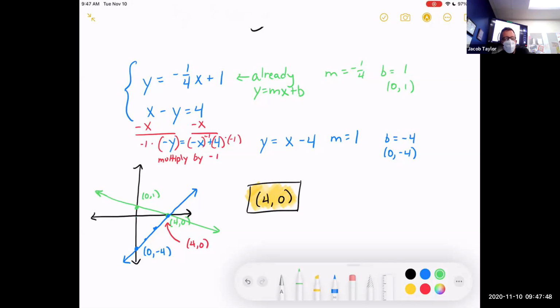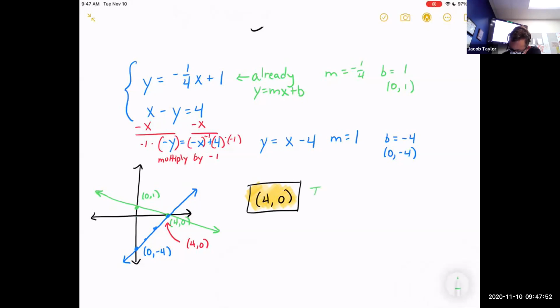What does 4, 0 tell me? These two lines intersect at 4, 0. Or another way of saying that is the point these two equations have in common.